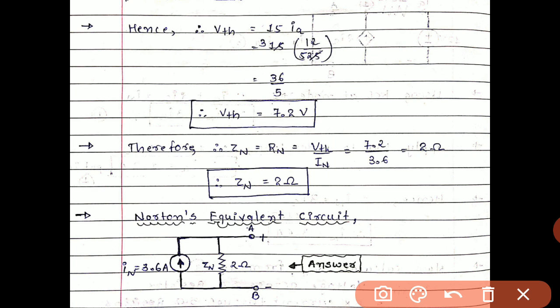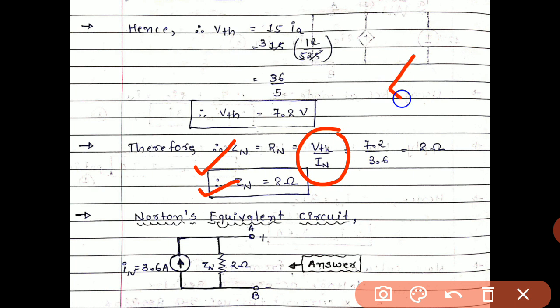So we have VTH and we have IN. From that we can calculate the value of ZN, or RN, the Norton's equivalent impedance. So ZN equals VTH upon IN, 7.2 divided by 3.6. So we get ZN equal to 2 ohm. Why is this equation followed?